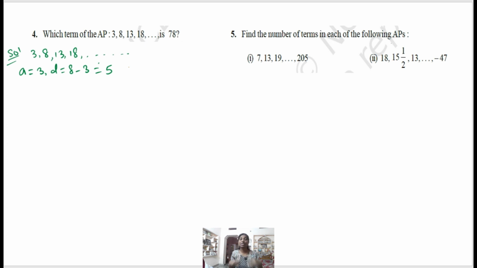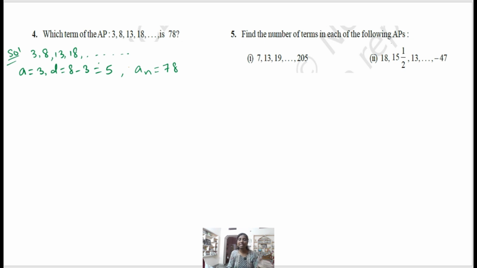But what is the position of 78? We want to find out that. It means it is somewhere in this AP. So let the nth term be 78. Let an be equal to 78. It means an is given.